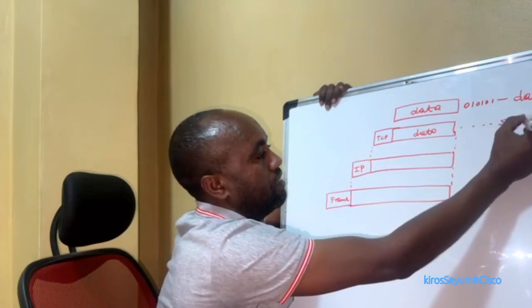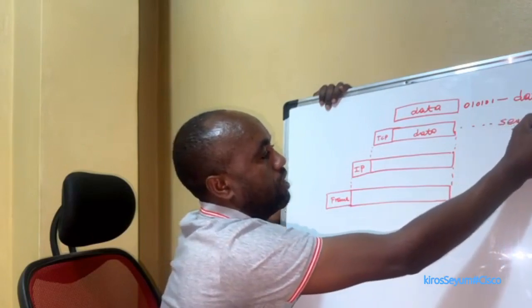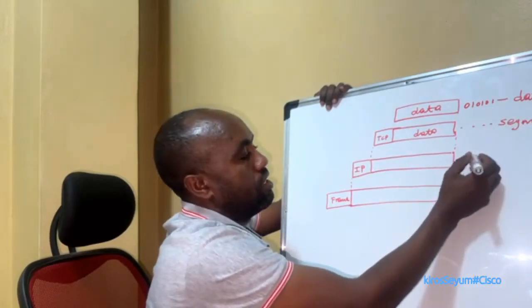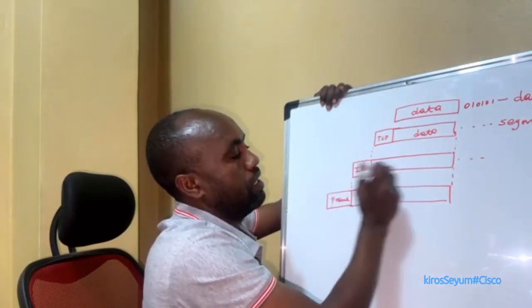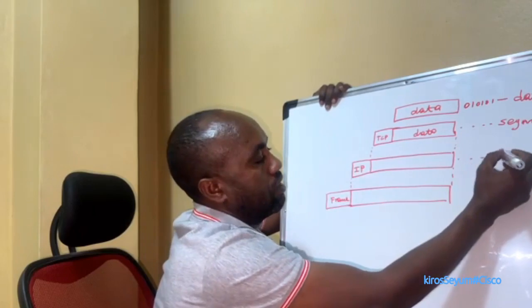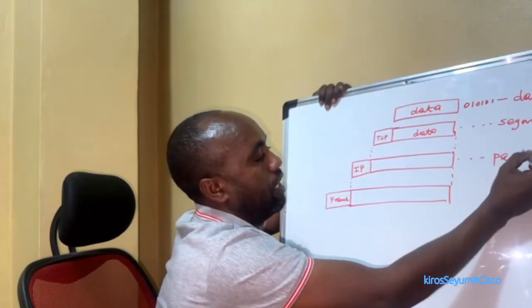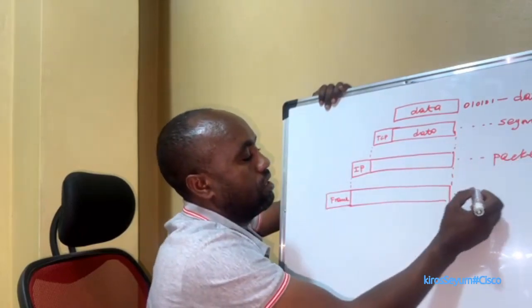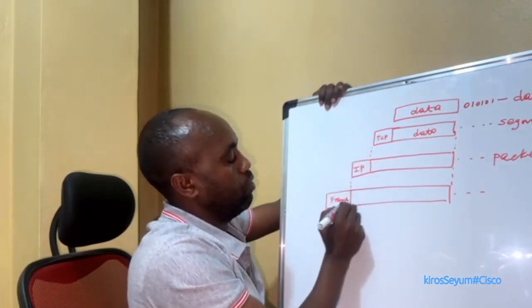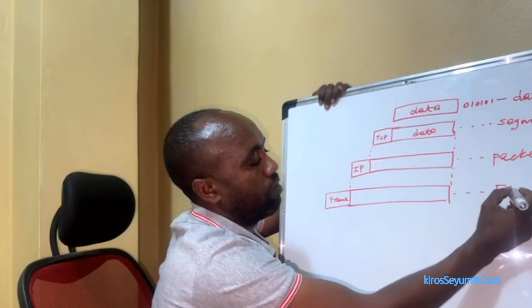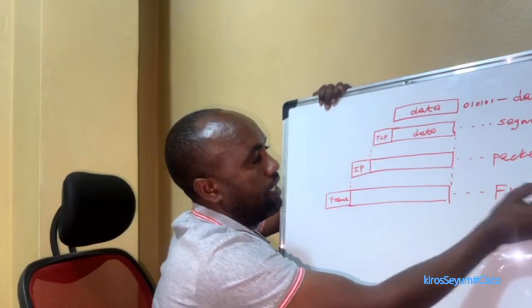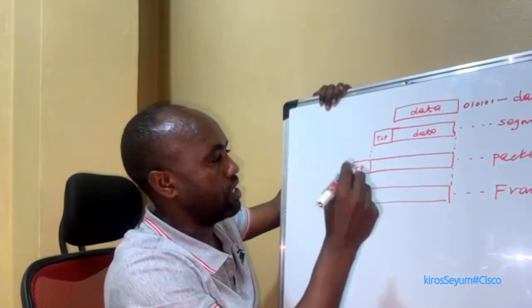It's just a naming. And this TCP segment with the IP header is called a packet. Then this IP packet with a frame header is a frame. This is the naming in data communication.